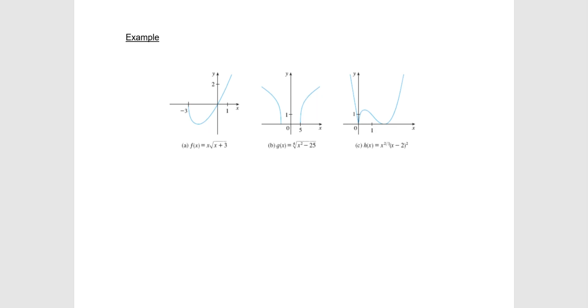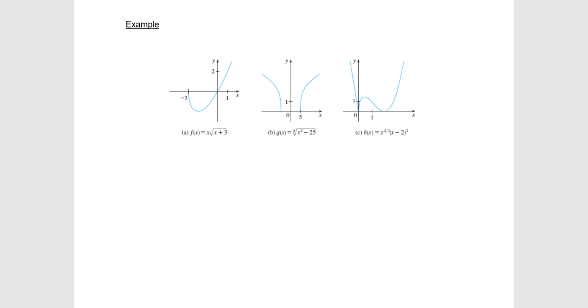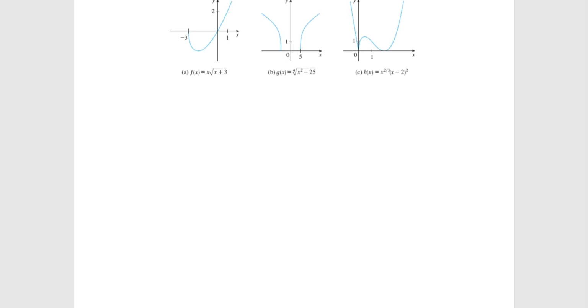These ones can look completely different from each other. The first one is x times the square root of x plus 3. Next one is the fourth root of x squared minus 25. And next one is x to the 2/3 times x minus 2 squared. So you can see they look completely different. Domain will be affected a lot with these ones. So I'll just end that one there.